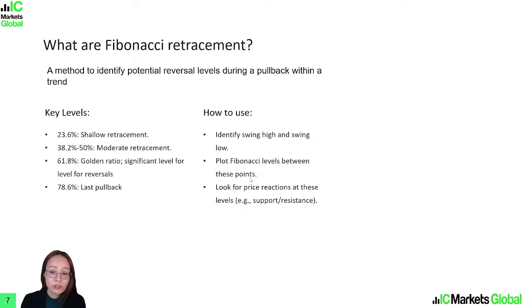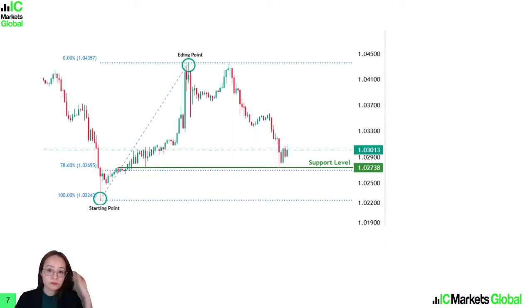How are we going to use it? You need to identify the recent swing high and swing low, then plot the Fibonacci levels between those points and look for a reaction at those levels. For example, this is an uptrend.